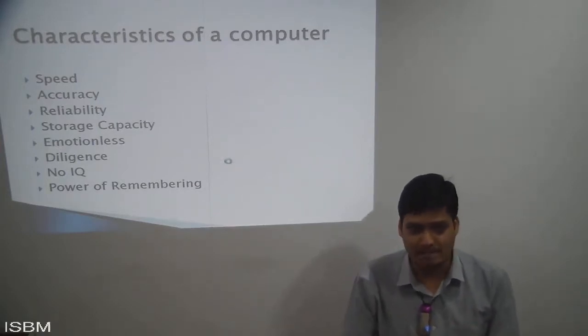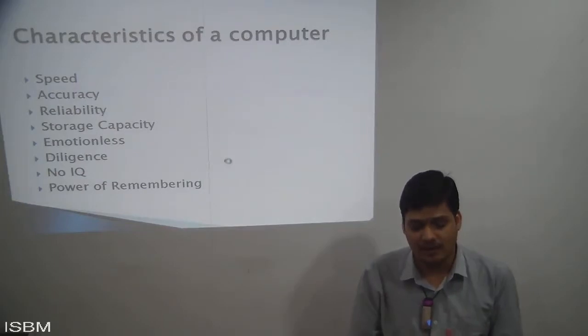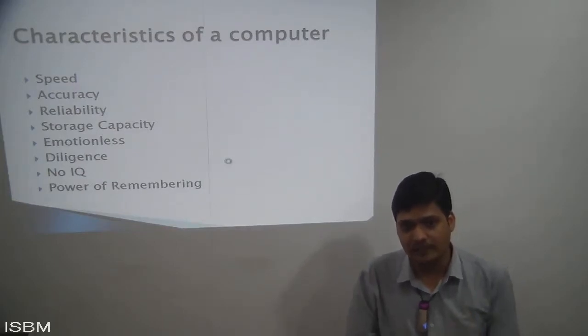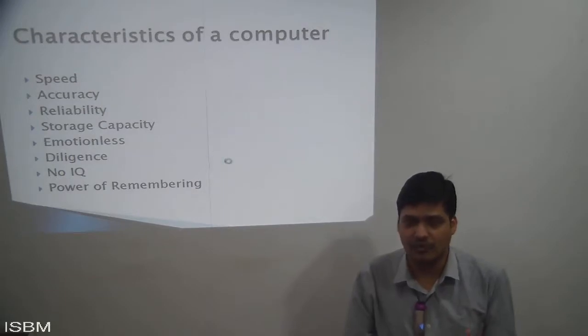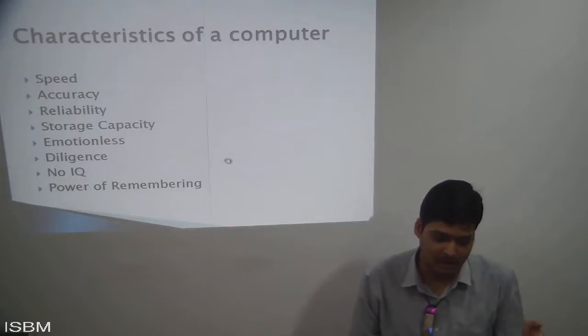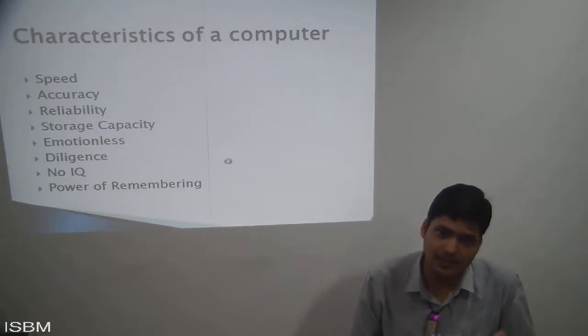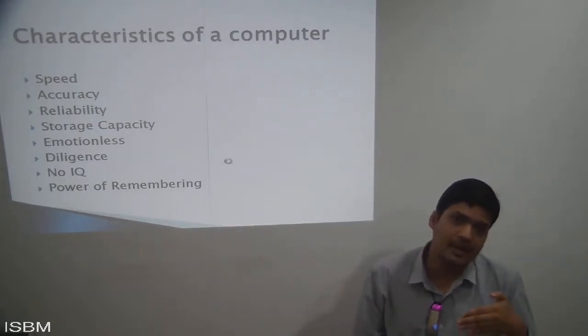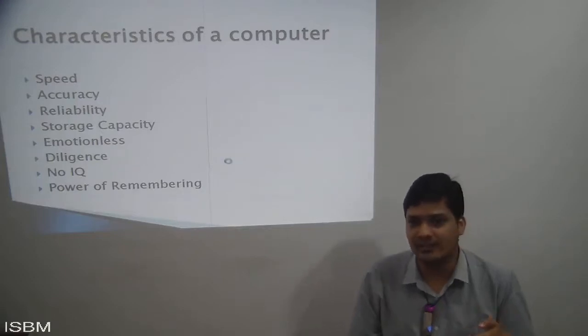Second thing, accuracy. What exactly is accuracy? Whatever we write, the computer gives us accurate results. Whatever we write in the code, the system provides us accurate results. A human being can make mistakes while writing code.